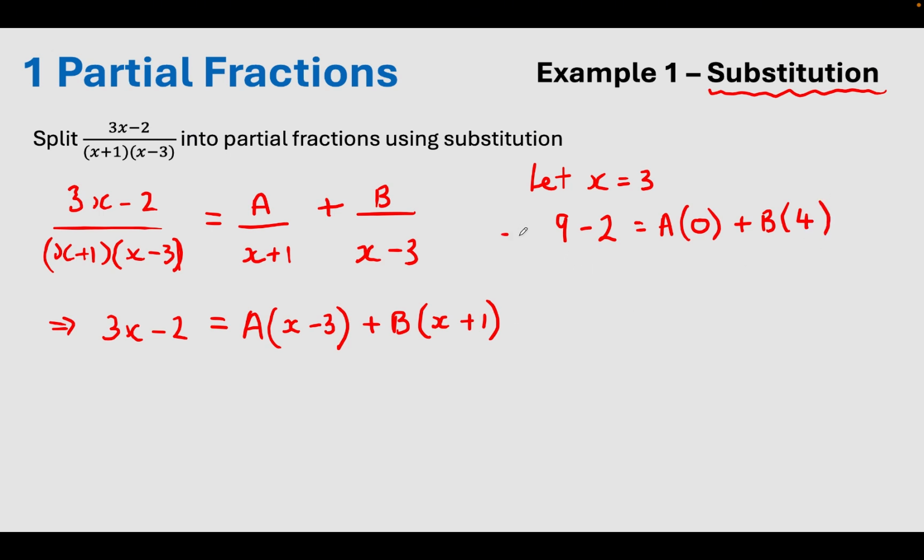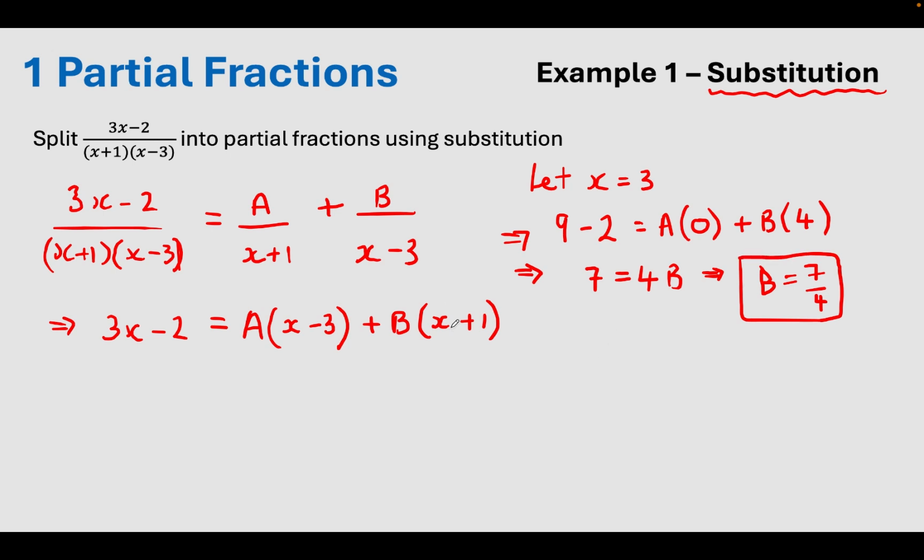Sorry, I should have laid my working out nicely. So I get 7 is 4b, and therefore b is 7 over 4. Just put a box around that.